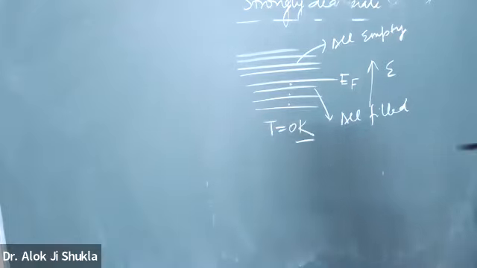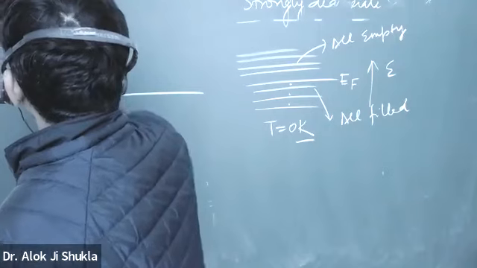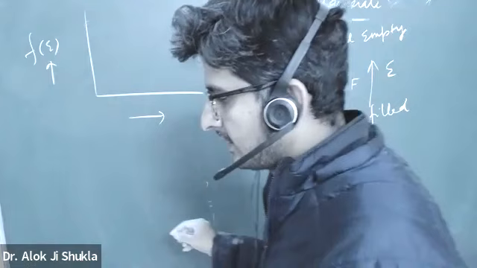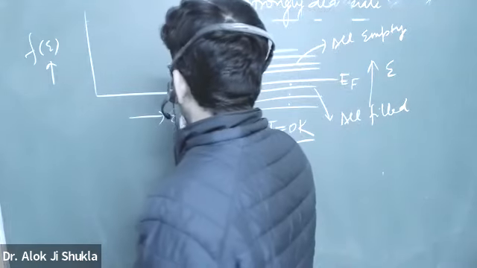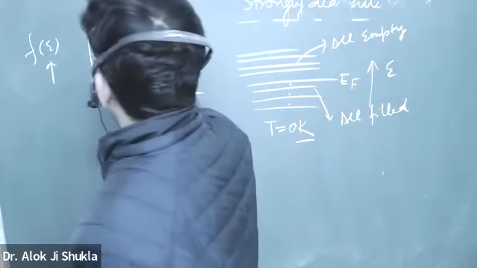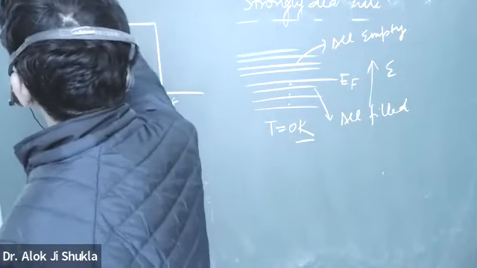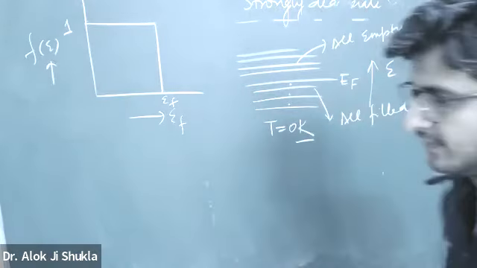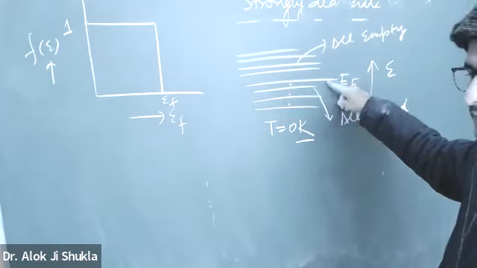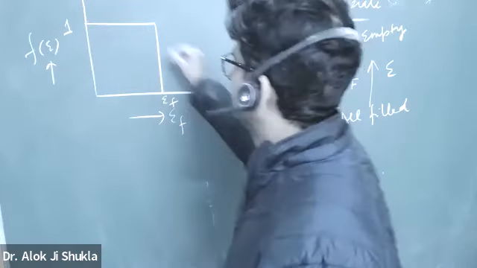Right? So if you plot the graph of Fe versus E, with EF marked, what will you get? The value of Fe is 1 up to EF. Yes or no? Up to EF it is 1, and after this it becomes 0. So this is at 0 Kelvin.